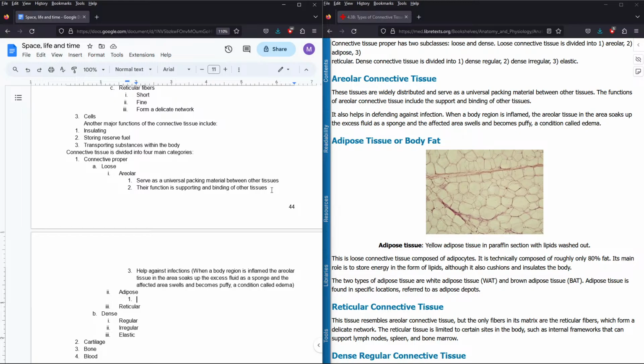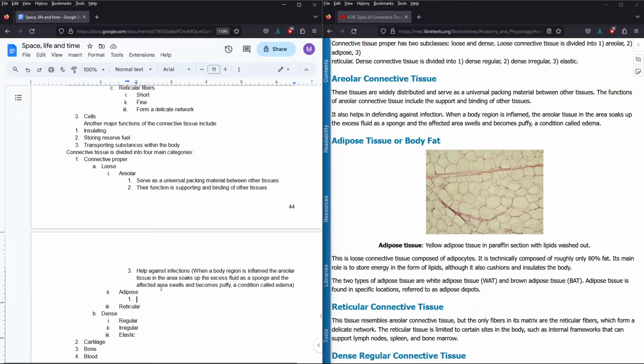Its main role is to store energy in the form of lipids, although it also cushions and insulates the body. Two types of adipose tissue are white adipose and brown adipose. Adipose tissue is found in specific locations referred to as adipose depots. Adipose depots. That's what I'm here for.